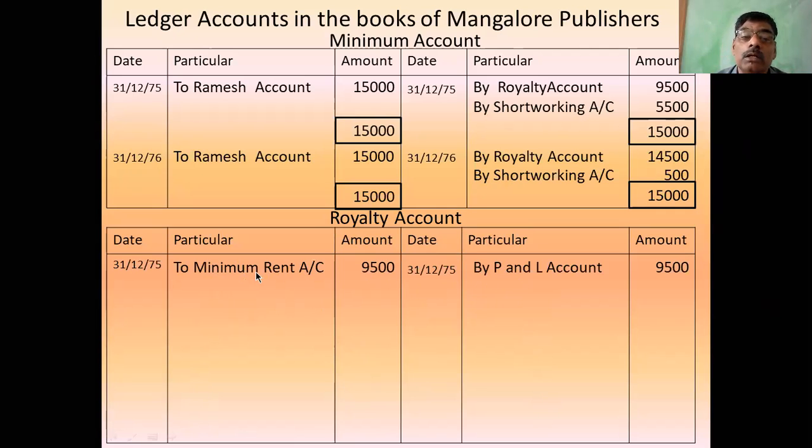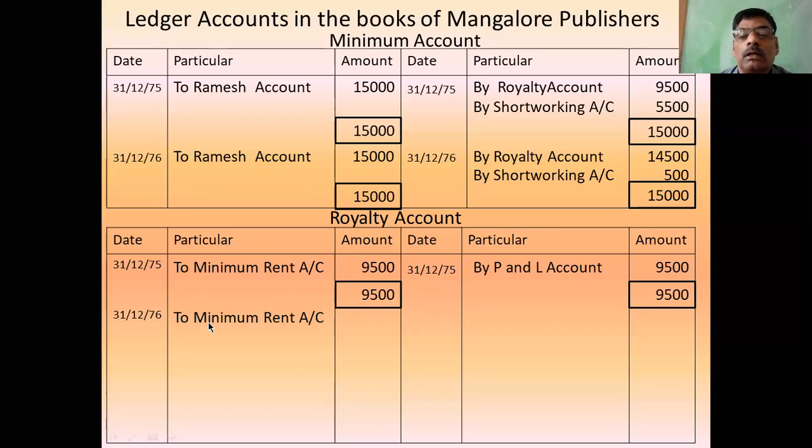You write the minimum rent here, but amount is always from royalty column. There is no change in the amount. Changes are to be made in the particular column. Minimum rent account 9,500, P&L account 9,500, first year completed. Second year, minimum rent account 14,500, by P&L account 14,500.